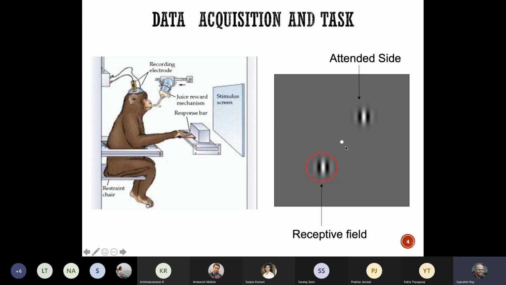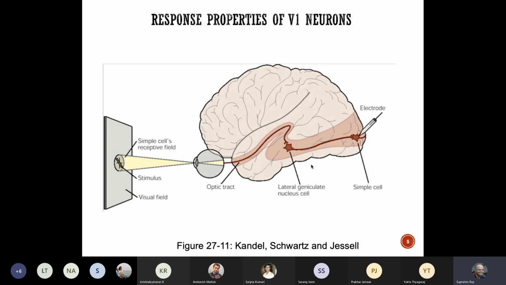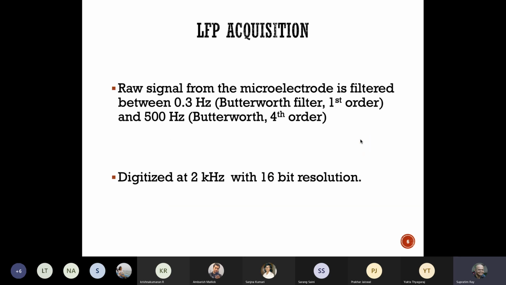The monkey only sees these two gray gabors, but this gabor also stimulates the brain where the microelectrode is. So here's the microelectrode. The information from the visual world goes there, and it produces these sinks and sources that we mentioned previously that lead to the local field potential.